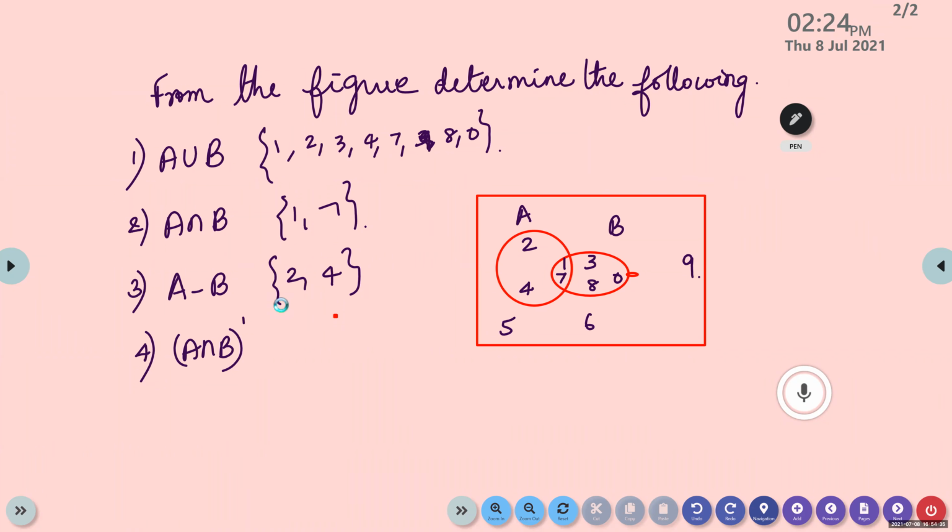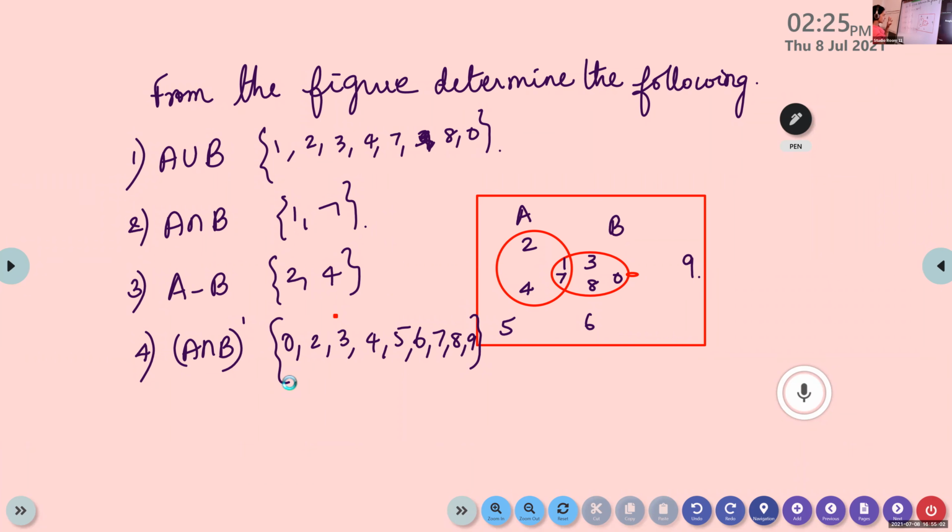Then Anashwarya, A intersection B the whole dash. Ma'am, 0, 2, 3, 4, 5, 6, 8, 9. Yes. Is it like this?